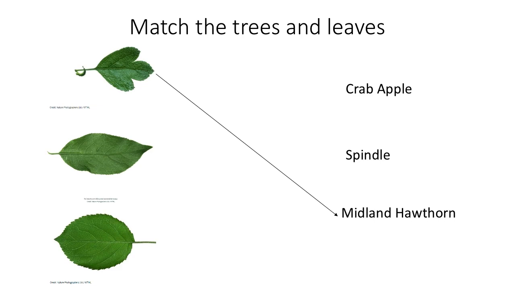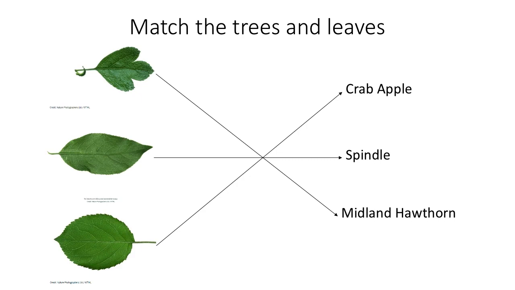They've got very small teeth on the edges, and they come to a point, but more of an oval shaped leaf. And this one is the spindle tree leaf. And then we've got this lower one, which the only answer left is crabapple, but again we've got the serrated edges that come to a point, and there we go.